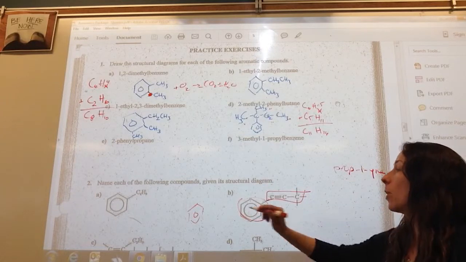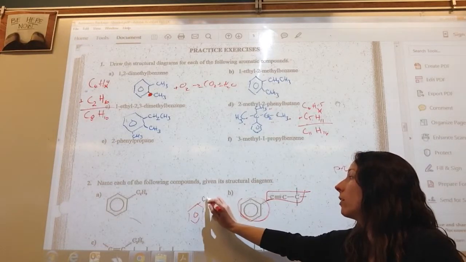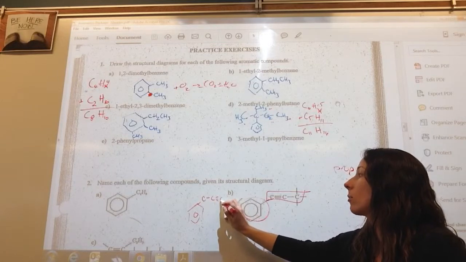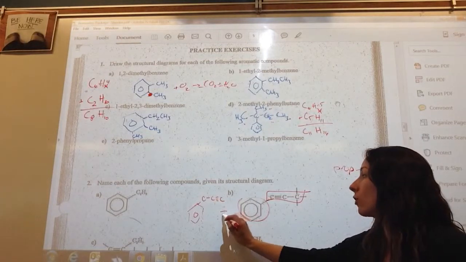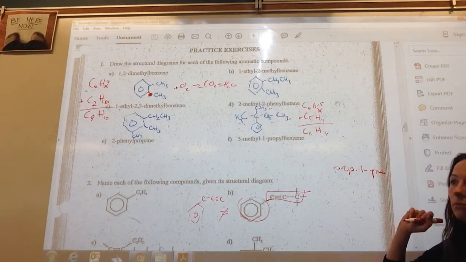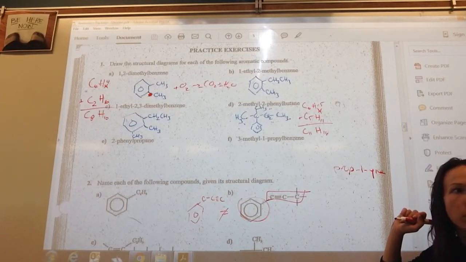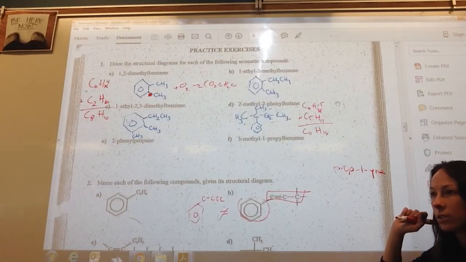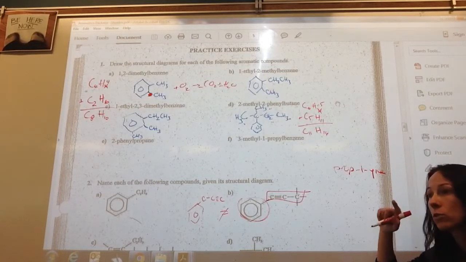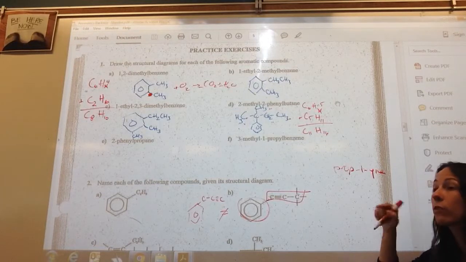But once it's 1-phenyl propyne, these are not equal. They will have ever so slightly different boiling points, reactions, etc. Ever so slightly, but they are different, and therefore they have to be named different.